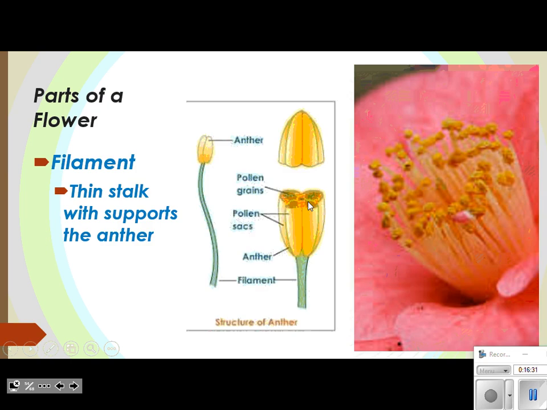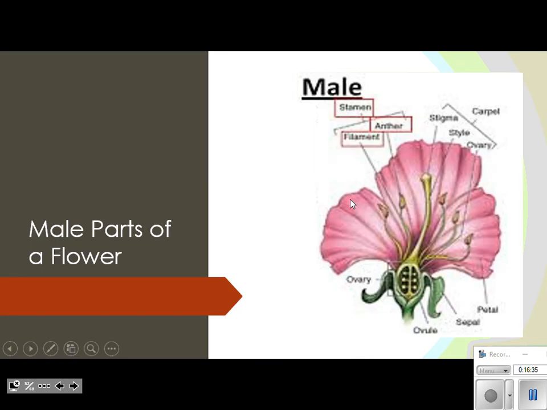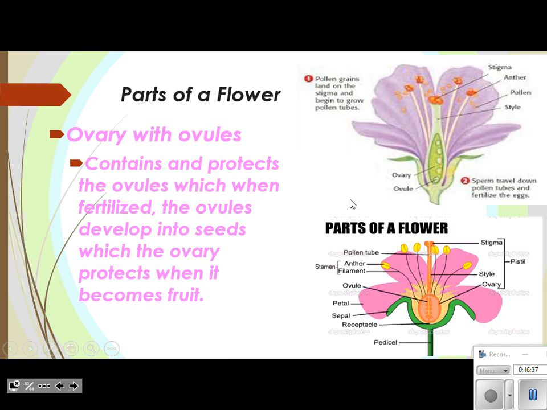Okay, let me go back a couple of slides. If you look at this slide right here, you look at this picture here, right here is the female. Right here is the pistil, because we have the ovary with the ovules, we have the style, we have the stigma.